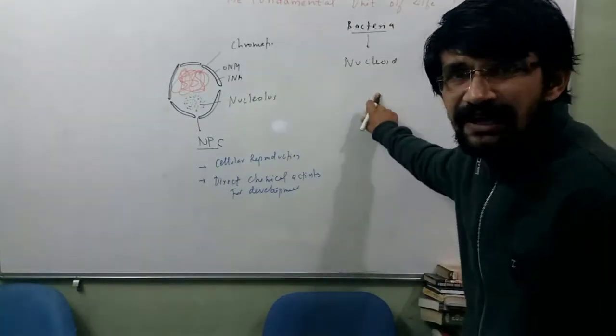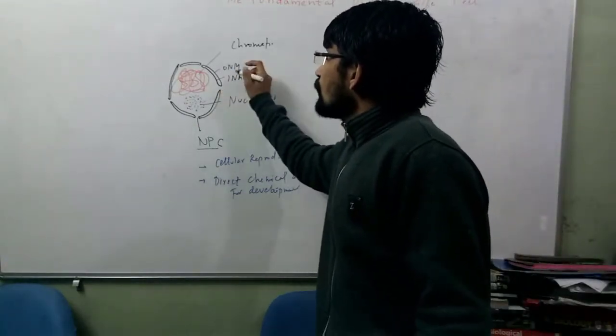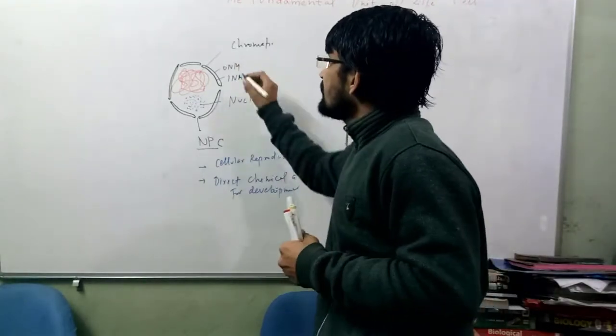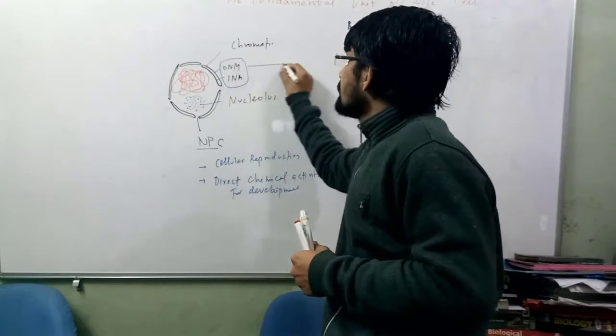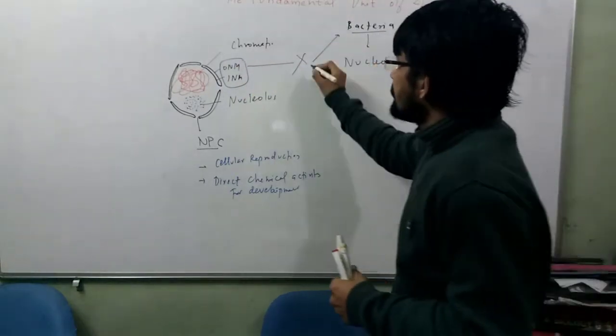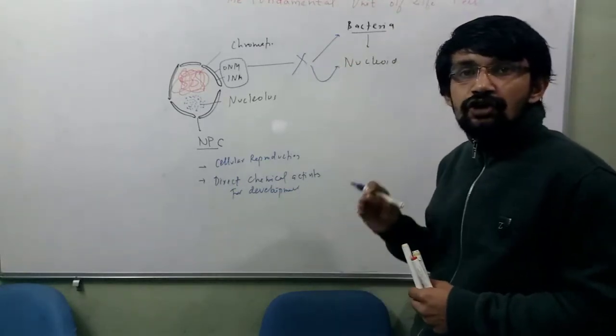Now keep this in mind that the ONM and INM, that is the outer nuclear membrane and the inner nuclear membrane, are absent in the case of bacteria. And if it is absent, this kind of nucleus-like structure is called your nucleoid.